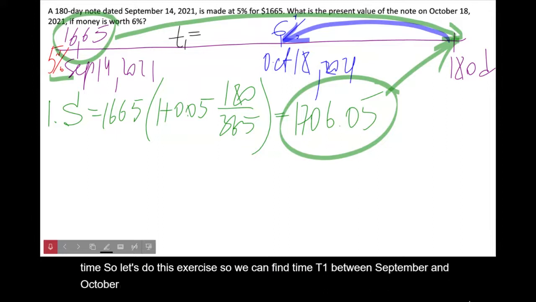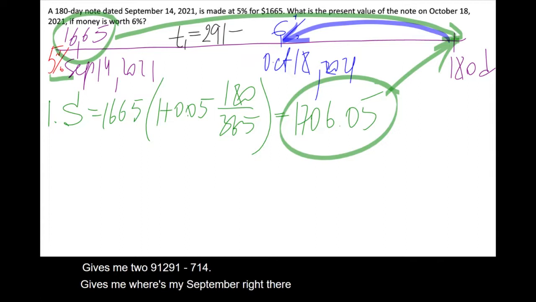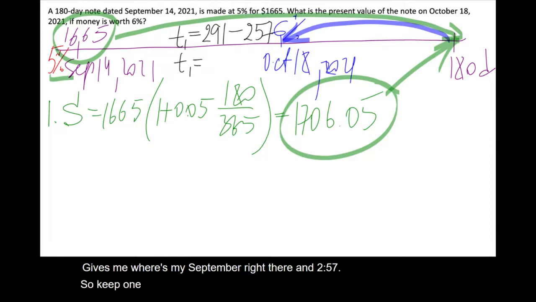October 18 gives me 291. 291 minus September 14, which is 257, so T1 is 291 minus 257, which is 34 days, right?